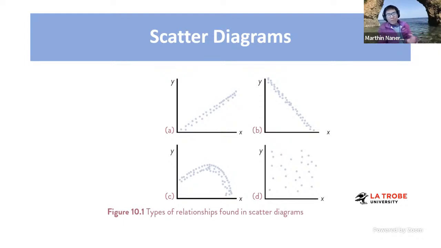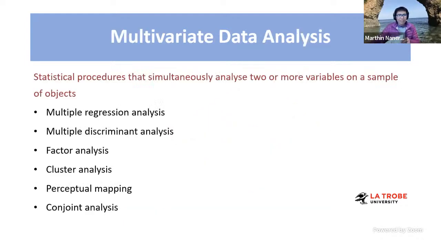So by looking at this, we're going to move on to multivariate data analysis. What is multivariate data analysis? Multivariate data analysis is basically the term for statistical procedures that simultaneously analyze two or more variables on a sample of objects.